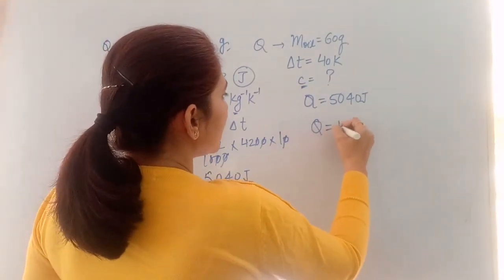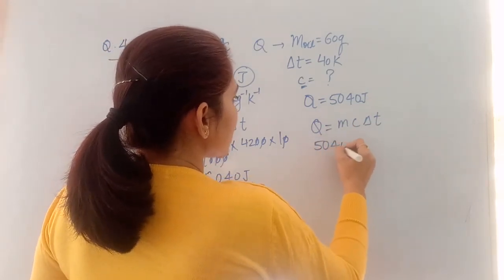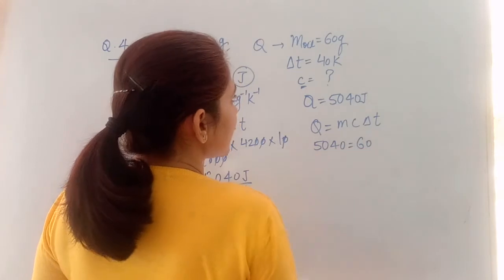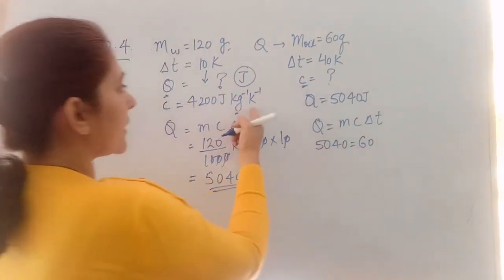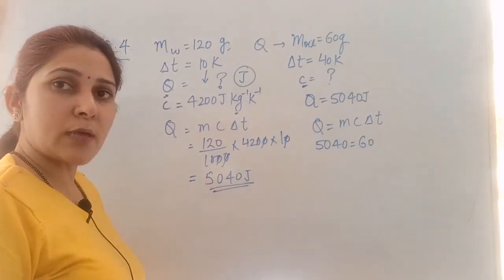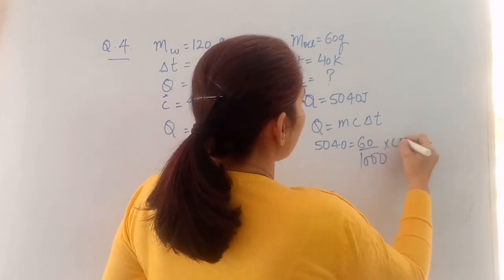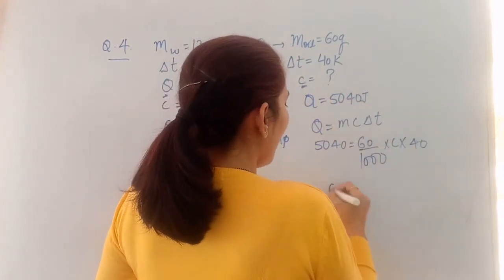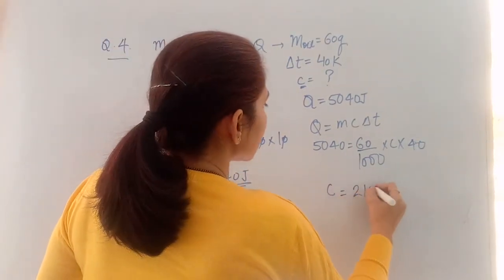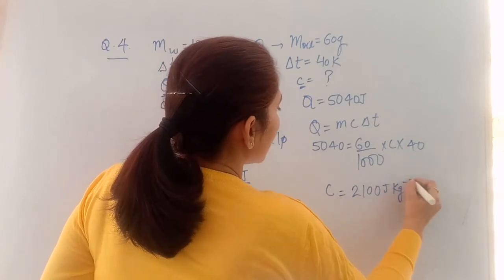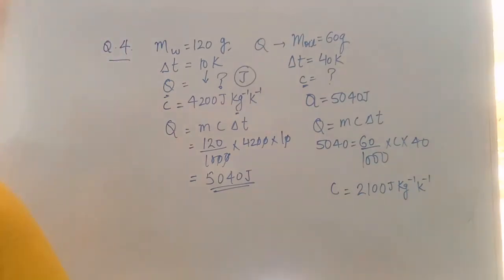Use the same formula, Q is equal to mc delta T. Q is 5040, equal to mass 60 gram, again converted into kilograms, so 60 upon 1000, into C, into change in temperature 40. From here we can calculate the value of C and you are going to get 2100 joule per kg per Kelvin. This is a very easy one.